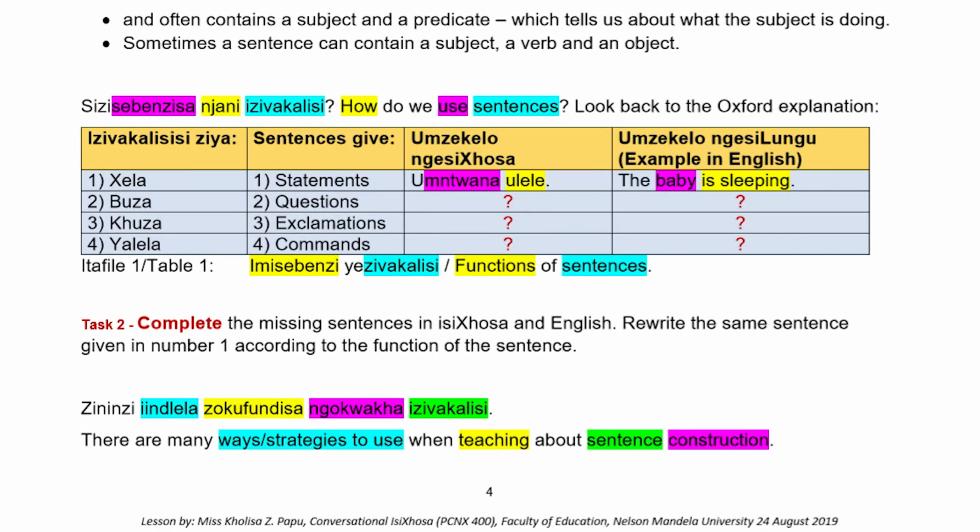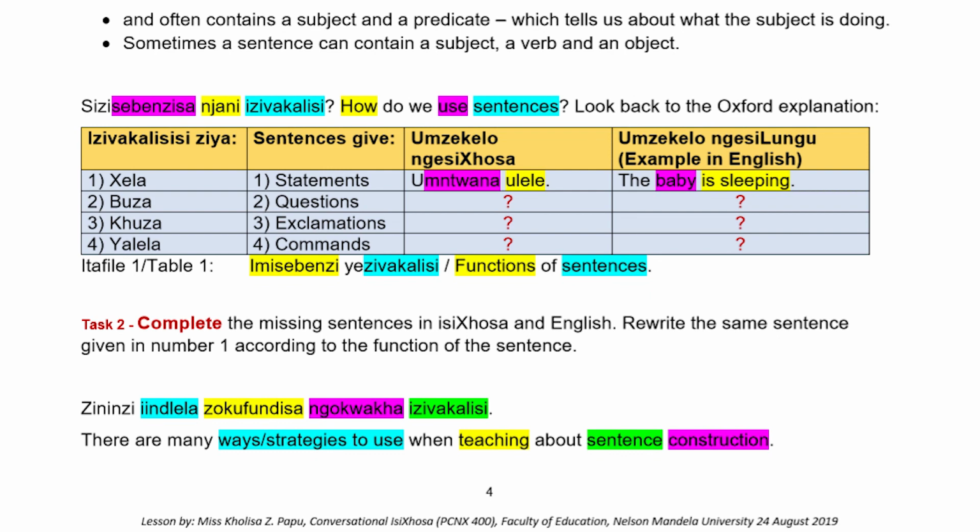So, if you look at this table, document number 1, page 4, you will find the 4 ways in which we use sentences in English and IsiXhosa. And I have given you one sentence which gives an example of a statement. A sentence as a statement.